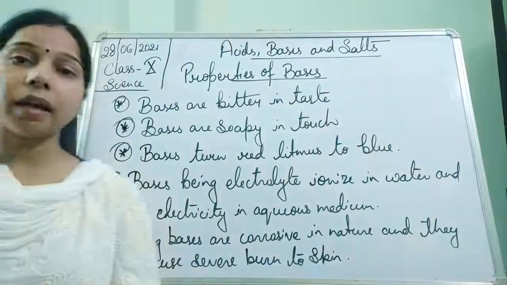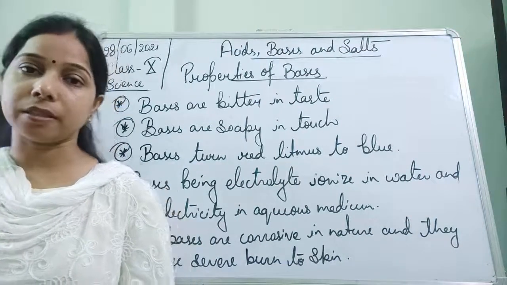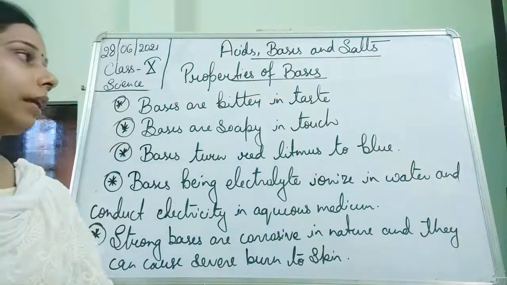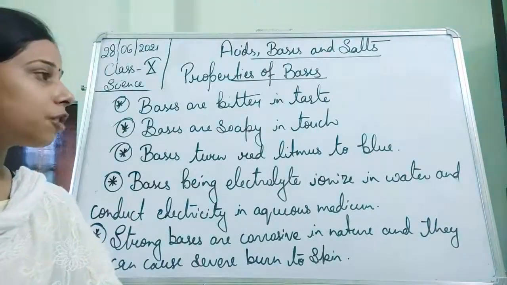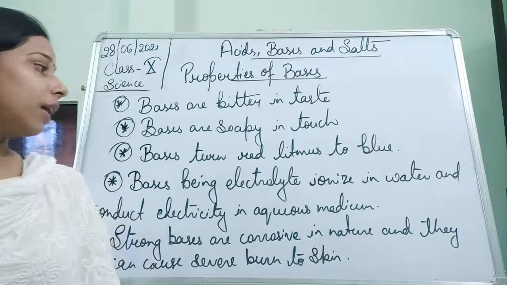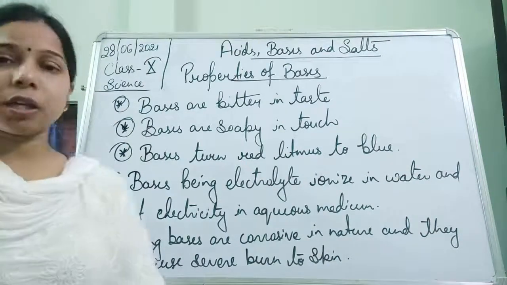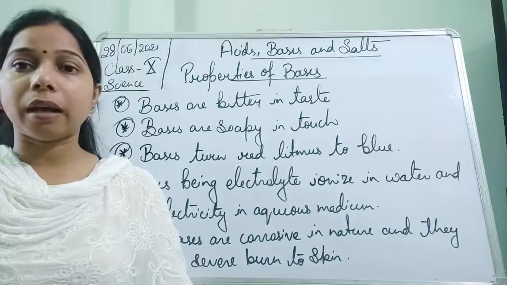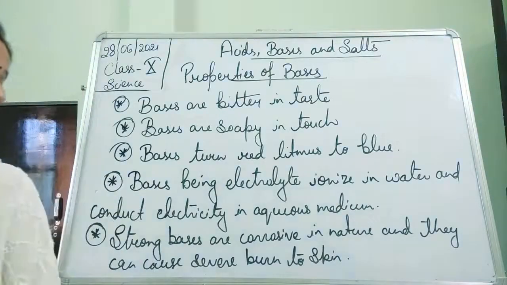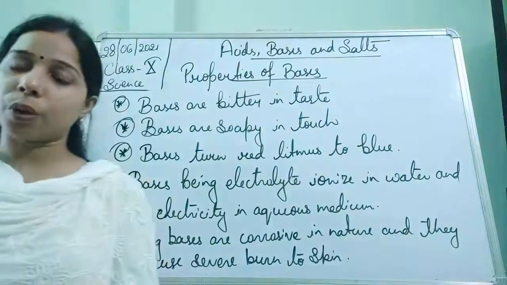These are the physical properties of bases. First, they are bitter in taste. When you touch them, you get a soapy feeling. They turn red litmus to blue. Being electrolytes, they ionize in water and conduct electricity since ions are produced in the aqueous medium.